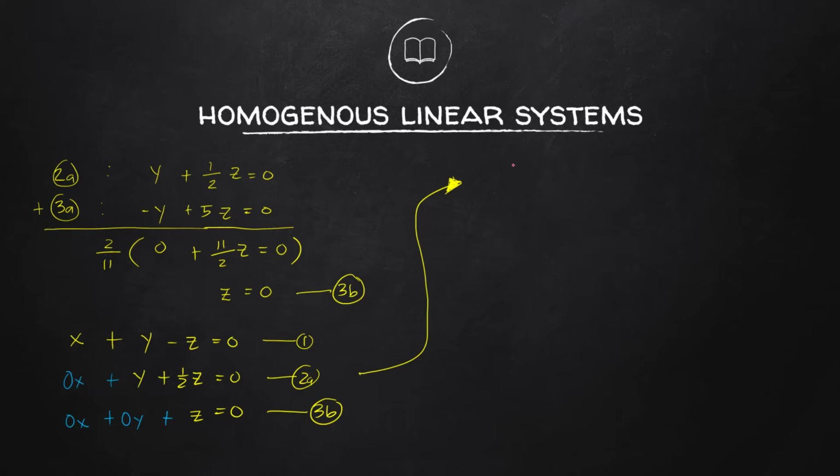So we can write this as an augmented matrix that would be 1, 1, negative 1, 0; 0, positive 1, positive 1/2, and 0. We also have here your last equation, 0, 0, and 1, 0. This is the augmented matrix. Notice that this is already in its row echelon form.